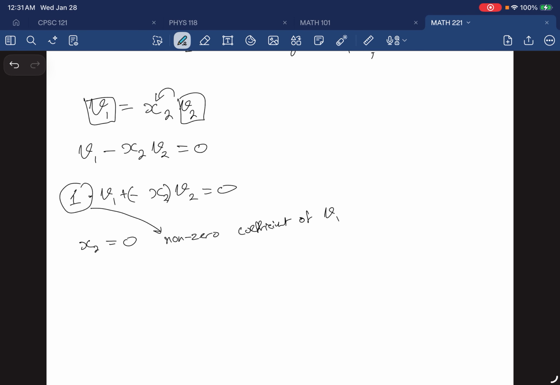Which means by definition of linear dependence, this set of vectors v1, v2, where v1 is a scale of v2 by x2, they are dependent.